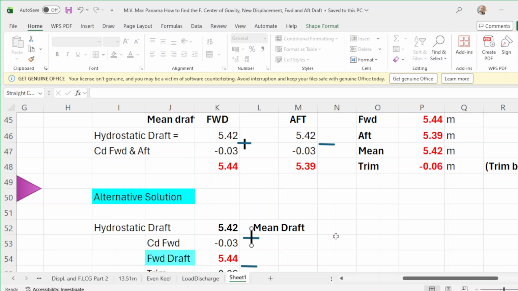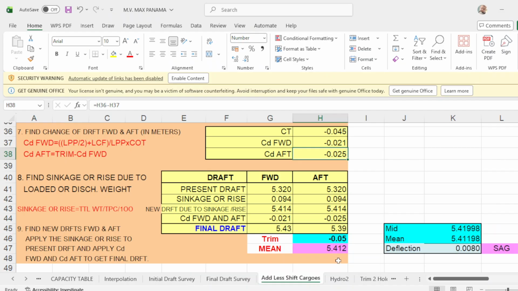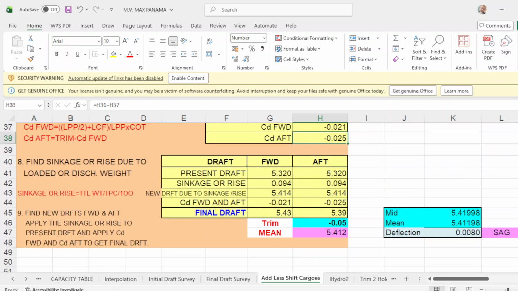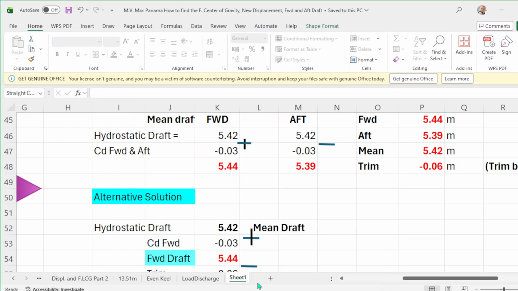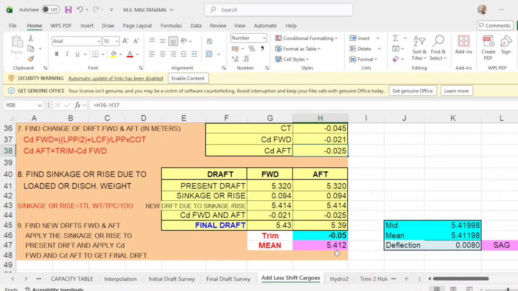Your mean is 5.42, and your mean here is 5.41, should be 42. How much you got here? Let me see. Should be 5.41, okay? So your mean draft is 5.41 and you got here 5.42. And your trim is negative 0.06, but the program says 5.41. Why 5.41?